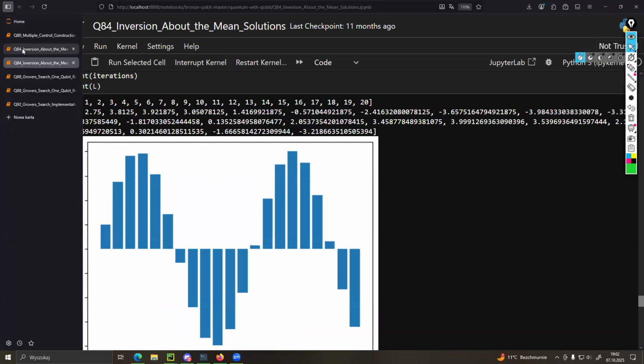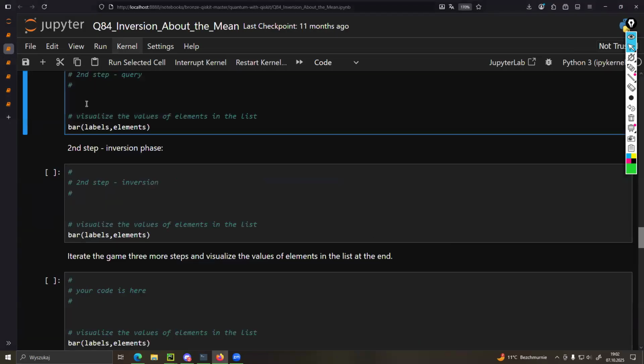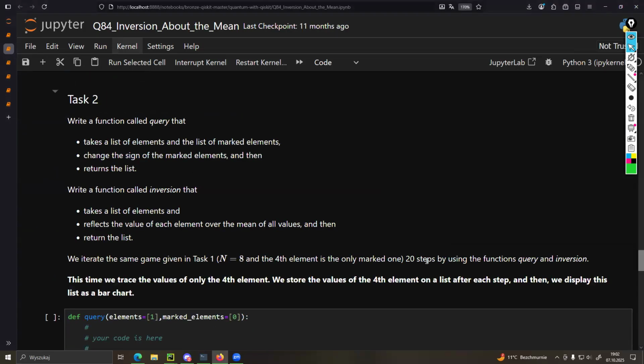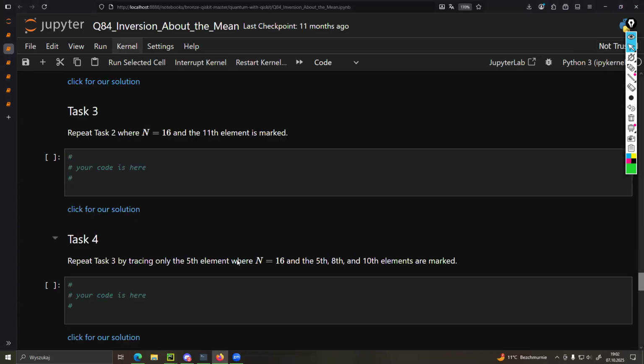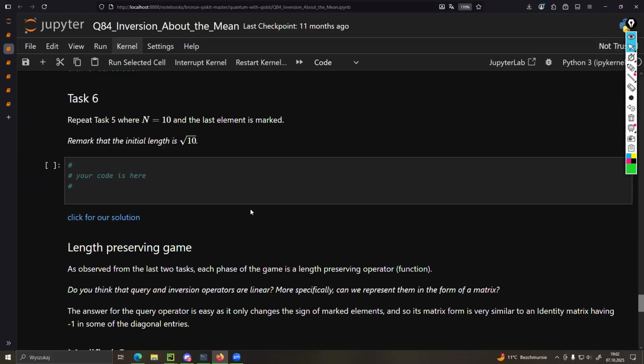So this task from notebook 84 is about 16 elements and one element searched.